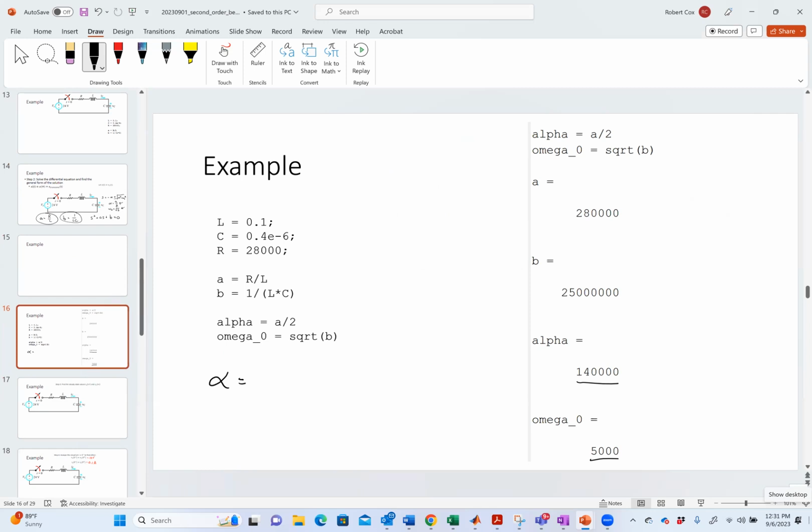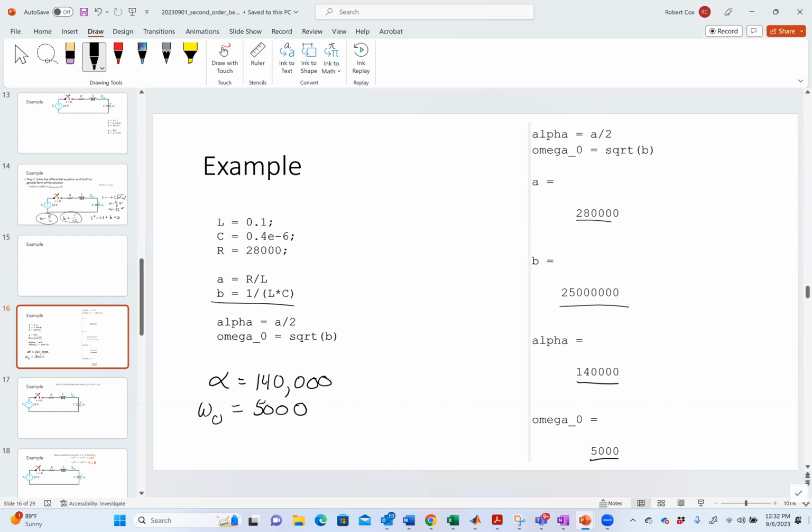I put in my A and my B values, and I ended up with alpha for the values of A, B, and C. A, B, and C all depend on what the resistor, inductor, and capacitor are. I ended up with alpha being equal to 140,000, and omega naught being equal to 5,000.